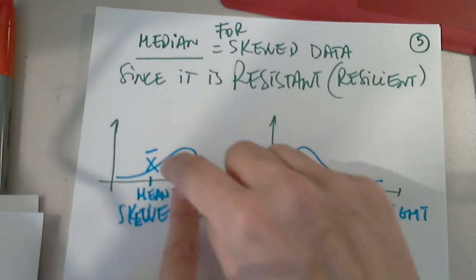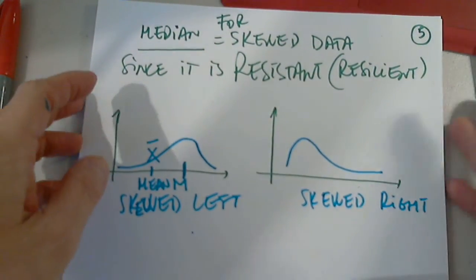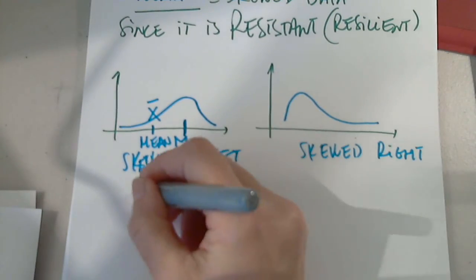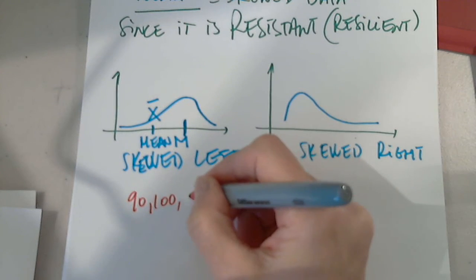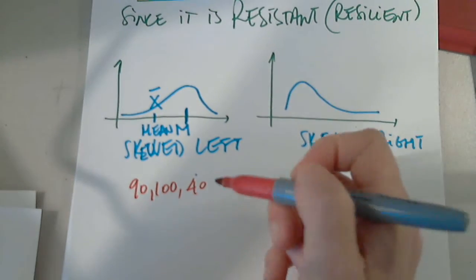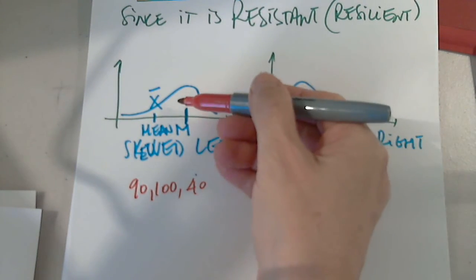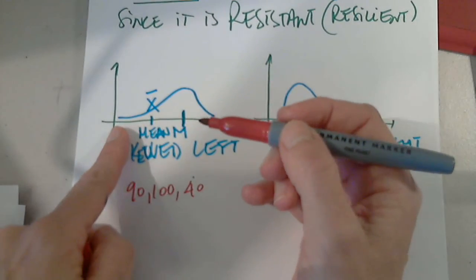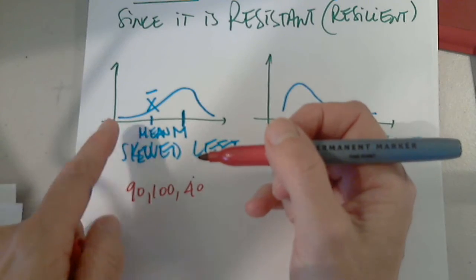It will be much smaller if I add, for example, let's say I have these grades: 90, 100, and a 40. That would be a tragedy, because the mean, the average score, will definitely be pulled to the left a lot. But look what happens.